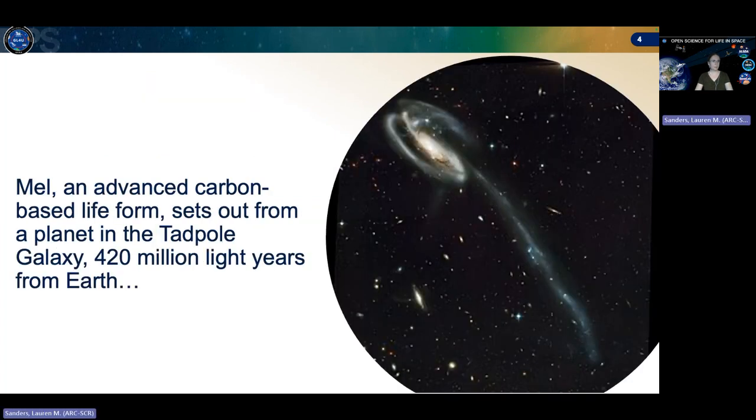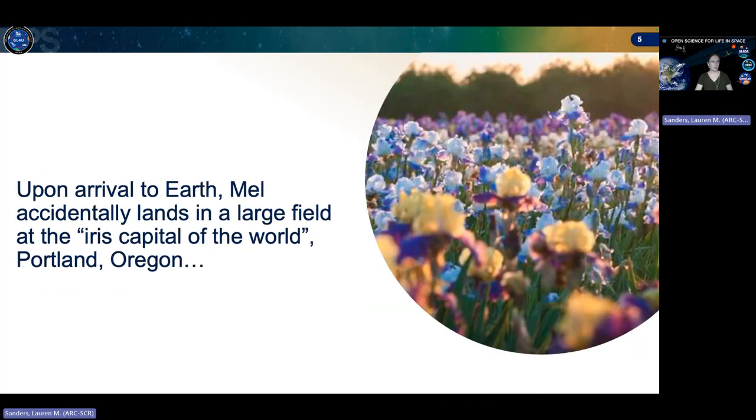Now, since we're eventually going to be working with spaceflight data, let's imagine that an advanced carbon-based life form named Mel sets out from a planet in the Tadpole galaxy, which is about 420 million light years from Earth. And upon arriving on Earth, Mel accidentally lands in a large field in the iris capital of the world, which happens to be Portland, Oregon.